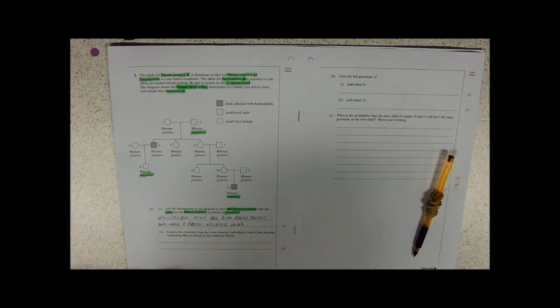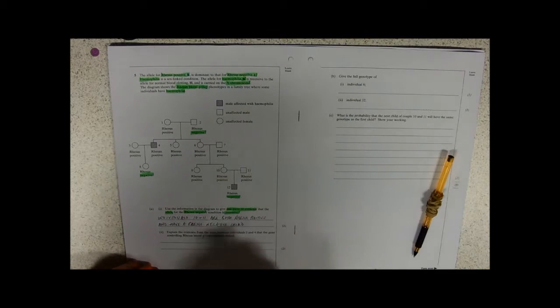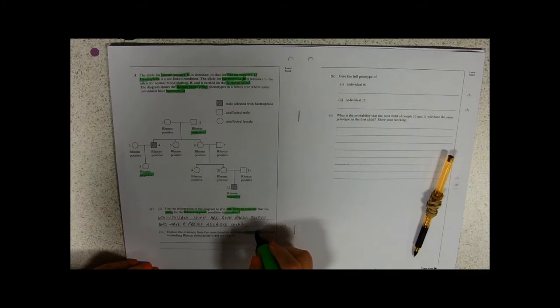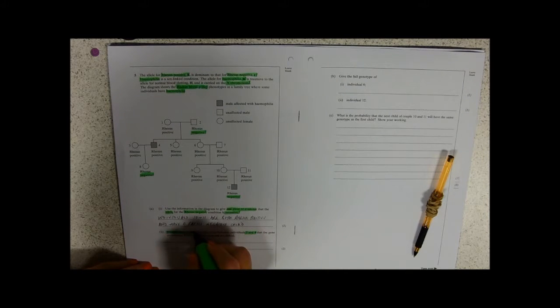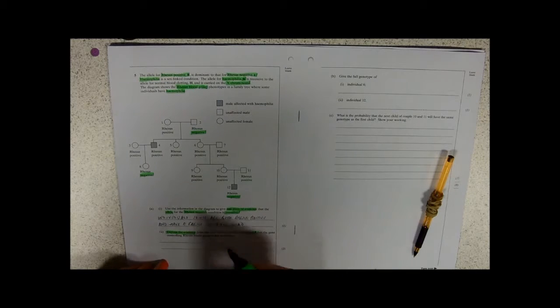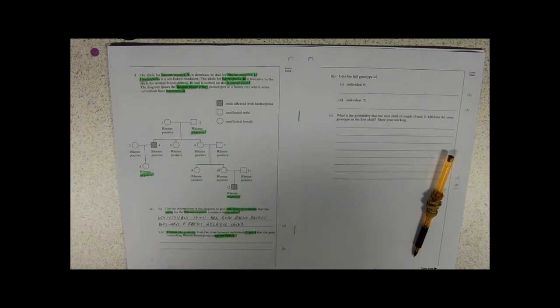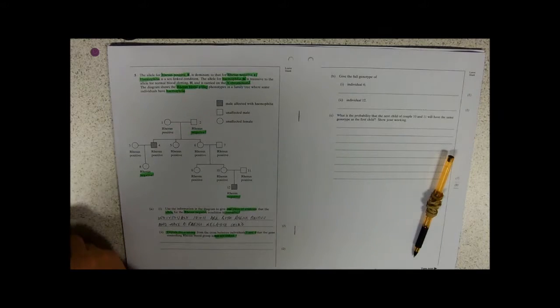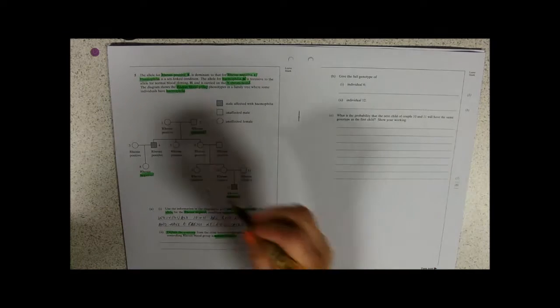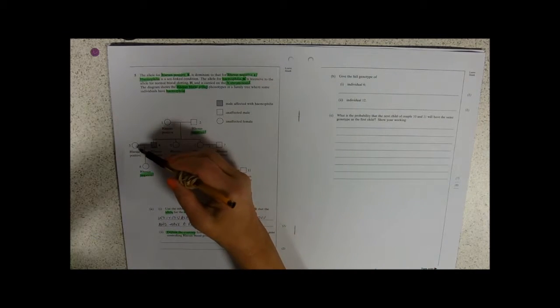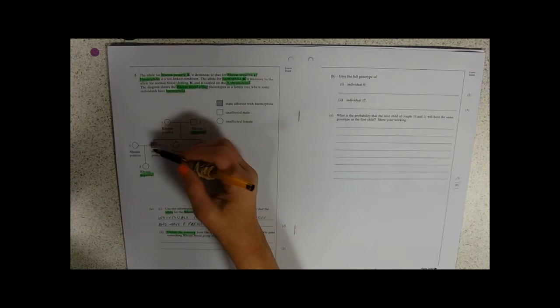Explain the evidence from the cross between individuals 3 and 4. So they're already giving us what we're looking at, that the gene is not sex-linked. Individuals 3 and 4, she's unaffected and he is, no, we're just looking at Rhesus positive, aren't we?